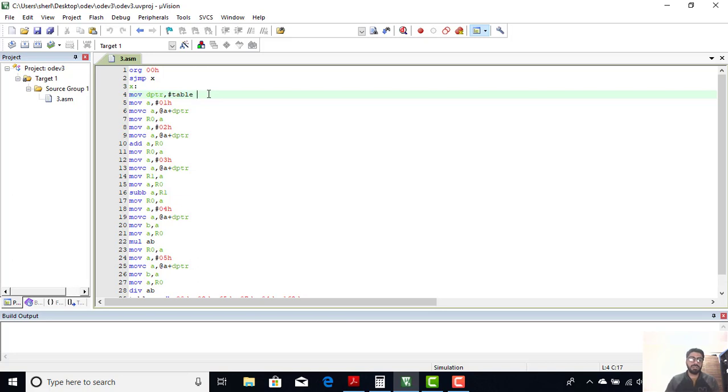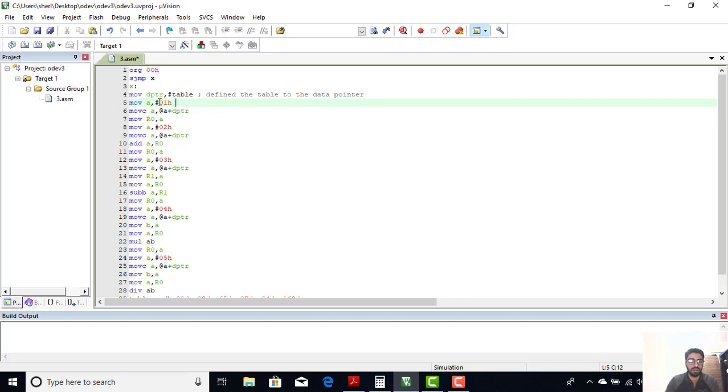After defining the table to the data pointer, so all the information in the table is now added automatically to the data pointer. After adding it, we need to pick the first value of the table, which exists now in the data pointer, from the table and put it in the accumulator.